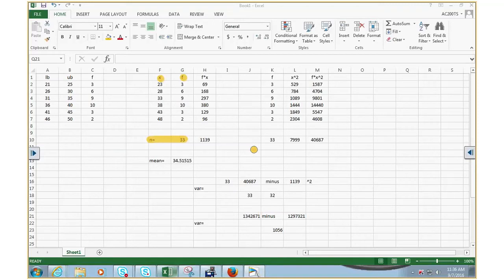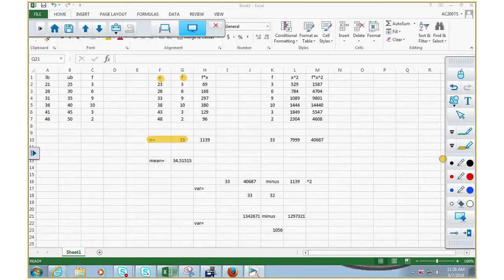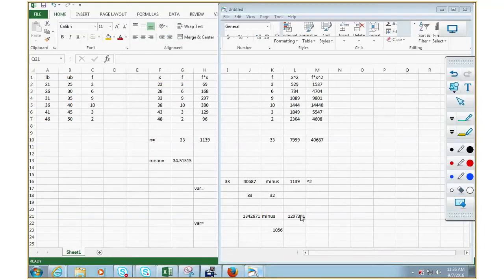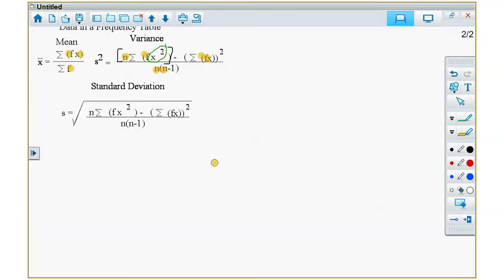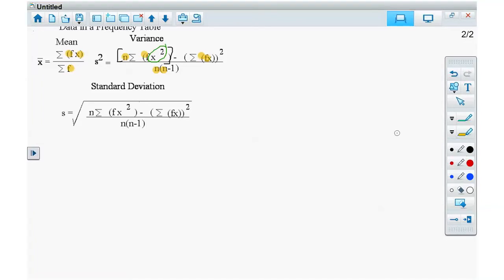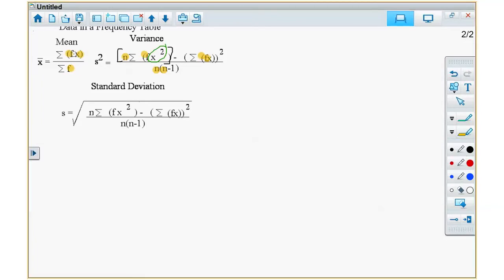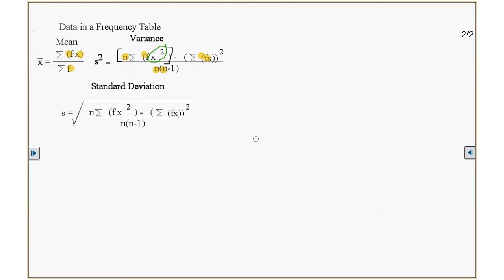So let's go to the mean. What is the mean? Well, the mean is equal to the summation of f times x over the summation of f.